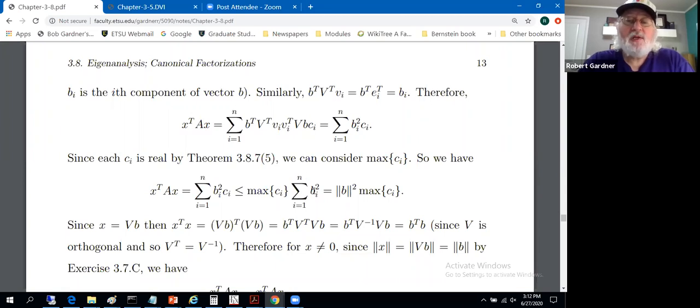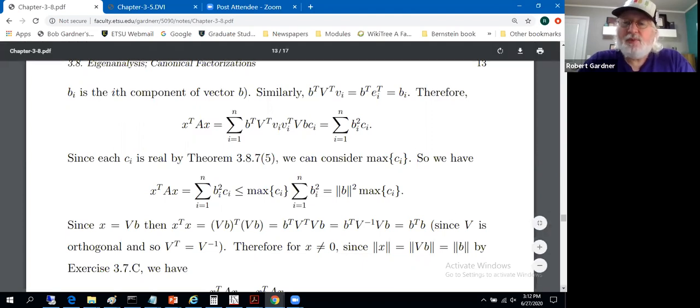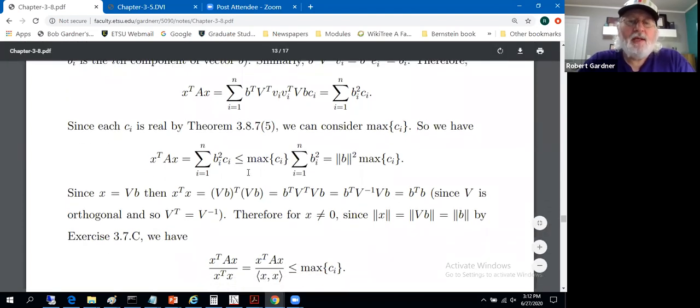Sum from i equals 1 to n of b sub i squared. Remember, the b sub i's were the components of vector b, so here you're summing the components squared up. Well, that's the norm of the b vector squared, and we get that maximum c sub i thing out. So this allows us to put an upper bound, in a certain sense, on a quadratic form.